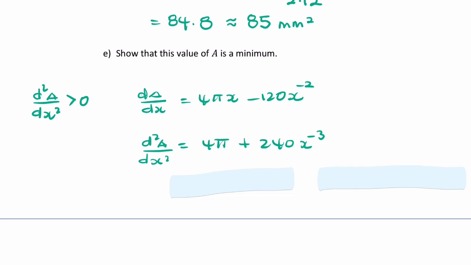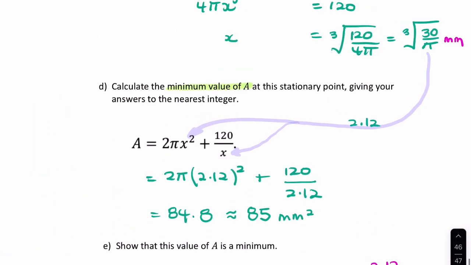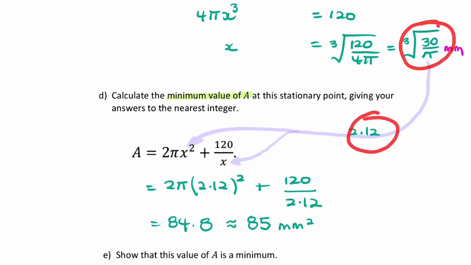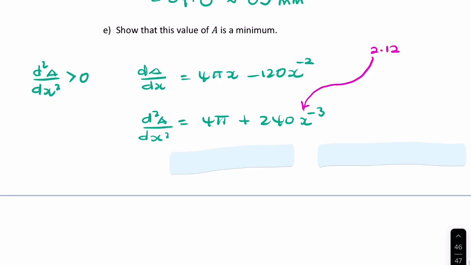And the last thing is you take your value for x, which was 2.12, and you substitute it in here. The 2.12, remember, is the value that we found here. So you substitute that in there, and you get this positive value.